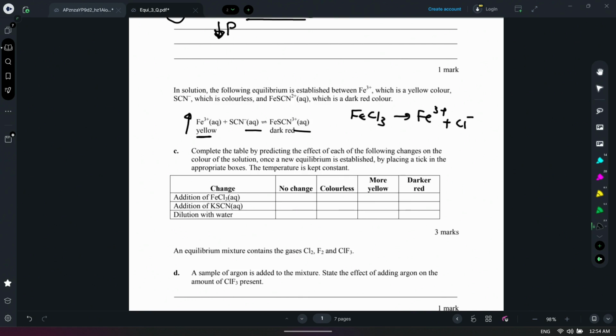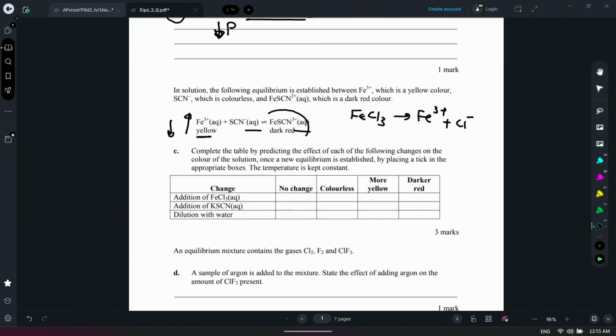Then the system will partially oppose the change by trying to decrease the Fe3+. In order to decrease the Fe3+, the system should favor the forward reaction, right? Because when the system favors the forward reaction, it will end up using Fe3+. So the Fe3+ concentration will decrease.